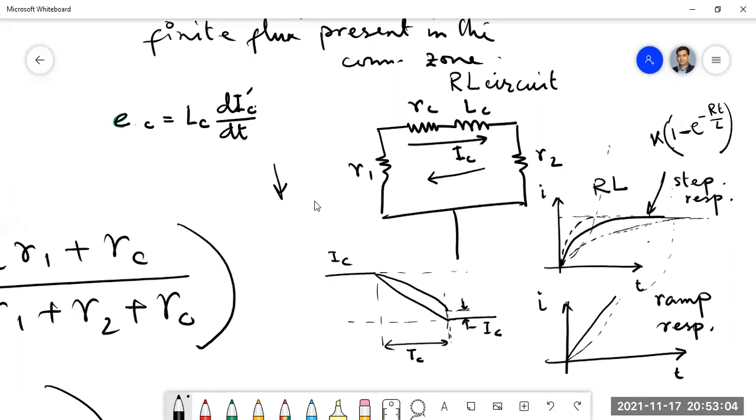Where have you seen the transformer? Transmission line, sir. Transmission line. Okay, so big things. Anyone else? No one has witnessed any sparking.